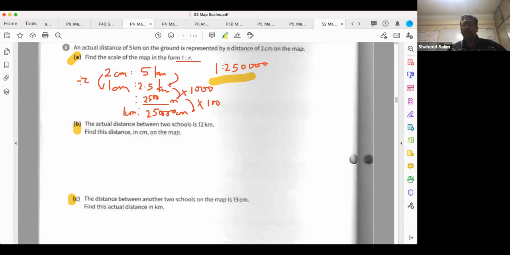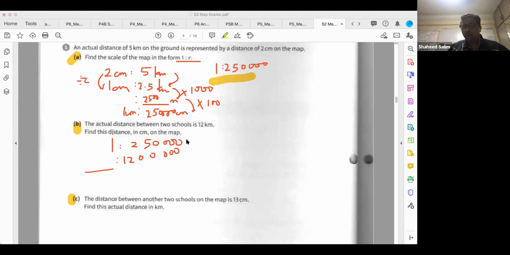Then you got to divide by this. So what do I mean? Okay, I just write the comparison for you. 1 cm, 250,000. Yours is now as you put 1, 2, 0, 0, 0, 0, 0. So you want to find how much?